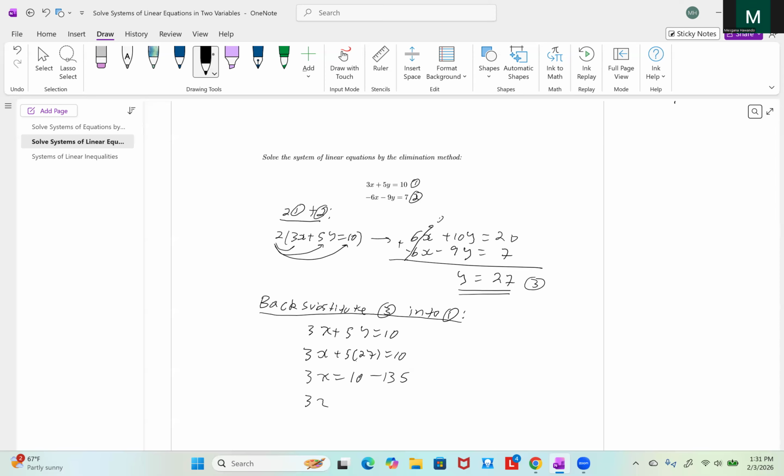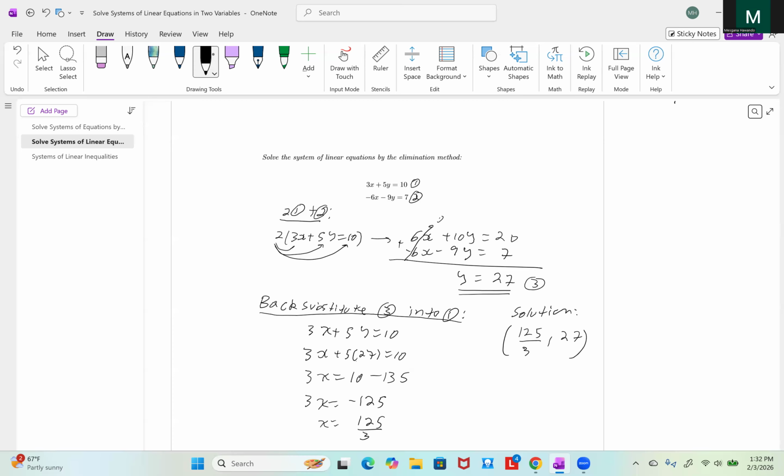So 3x is equal to minus 125. x is equal to minus 125 divided by 3. What is our answer? The solution is negative 125 over 3, comma 27.